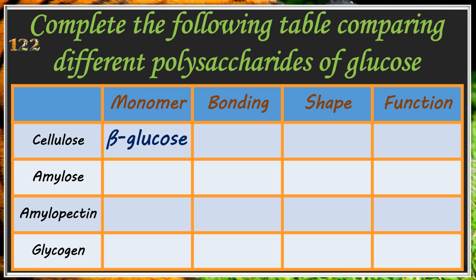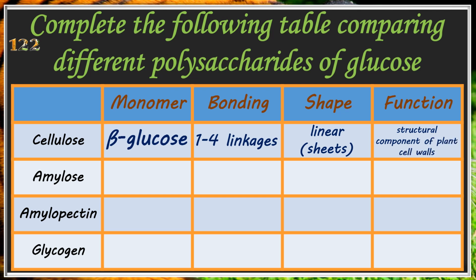The monomer is beta glucose. The type of bonding is 1,4 linkage, and its shape is linear or sheets. The function, it has structure components of plant cell wall.